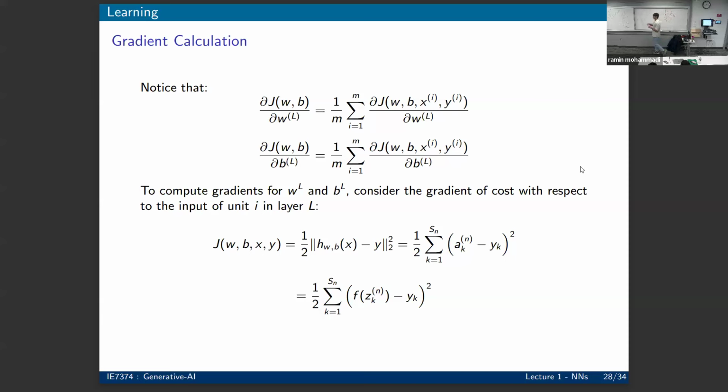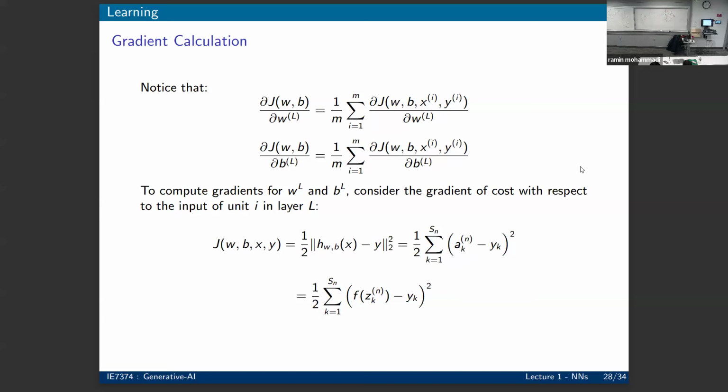So you take the derivative of J with respect to Z, which is the raw input. Z always stands for raw input here. So you take the derivative of J with respect to the raw inputs of the last layer. What is the definition of J? J is this function, HWX minus Y, norm 2.